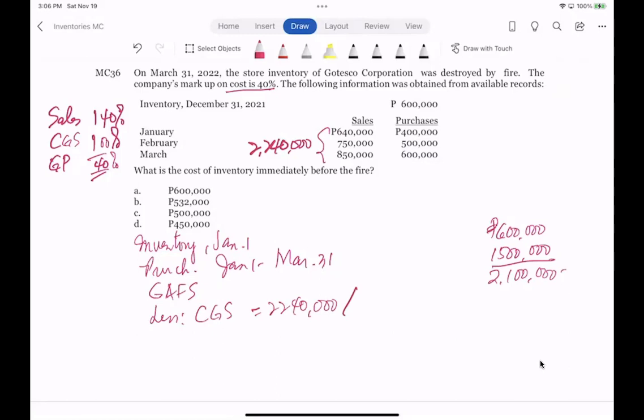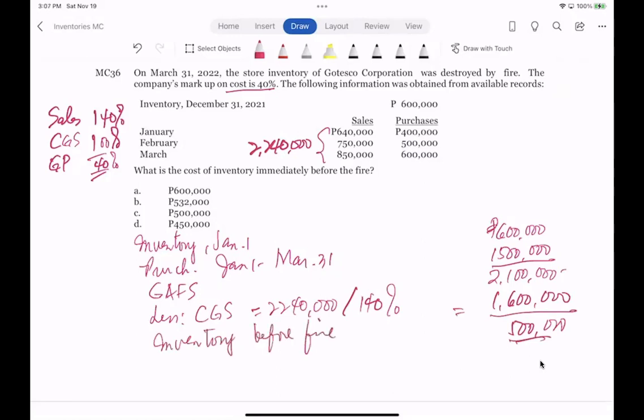Therefore, that's 1 million. So divide this by 140%. So it's 1,600,000. So that your inventory before fire is 500,000.